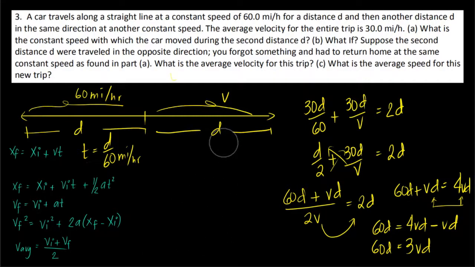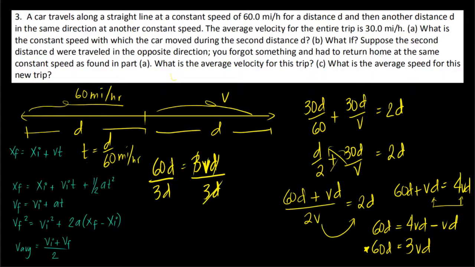So, while I am solving this, guys, you should back up your pen and paper so you can follow, okay? Now, 60d is equal to 3vd. We can divide both sides by 3d so that only v is left. Right? So, cancel out 3d.